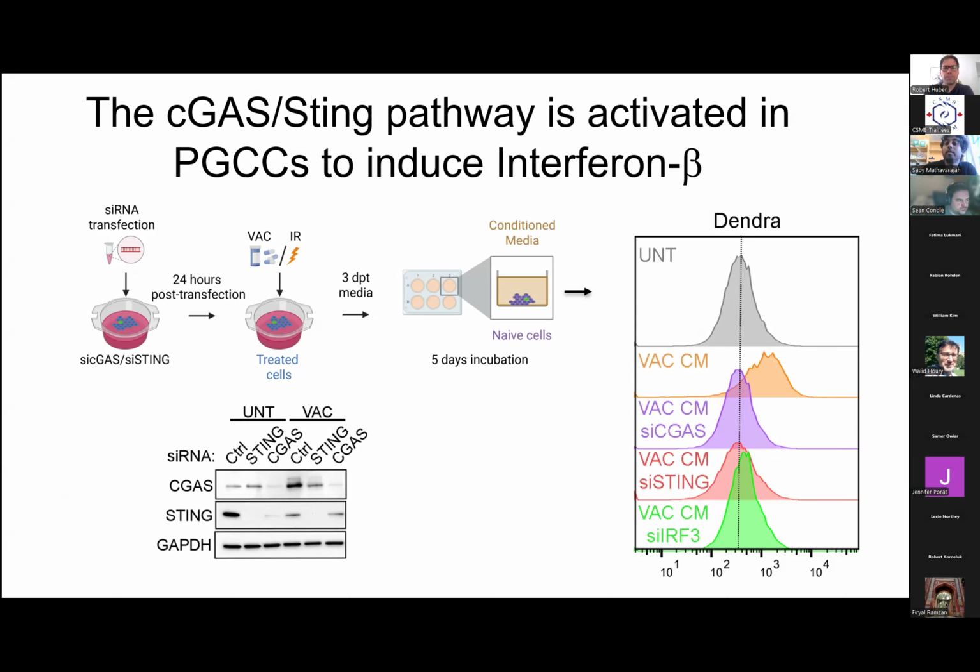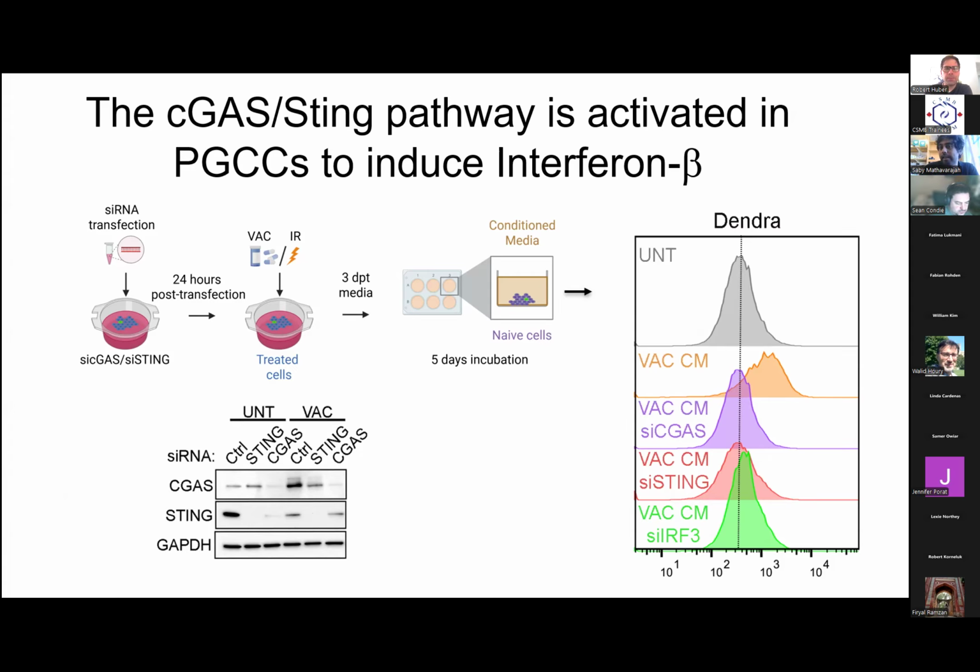And no surprise, what we saw was really striking in terms of the response. Essentially, you see that increase in Dendra signal as you would expect with that conditioned media. But if you knock down cGAS or STING, which are involved in that sensing and stress pathway, you no longer get a response. This really highlights the fact that cGAS and STING are quite important for the signaling pathway, which is a bit paradoxical.